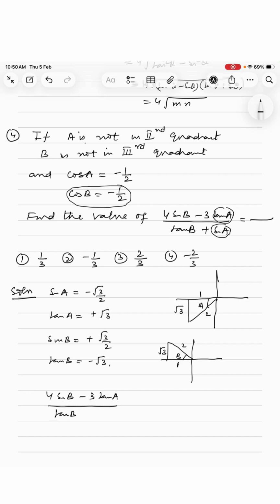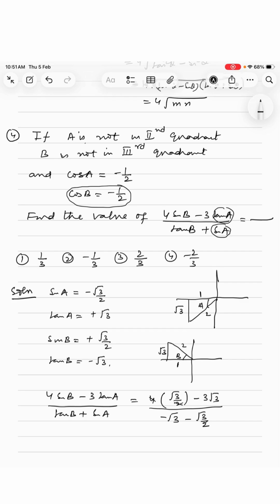So now substitute the values in 4 sin B minus 3 tan A divided by tan B plus sin A. Therefore this will be 4 into root 3 by 2, minus 3 into root 3, divided by tan B value, which is minus root 3, plus sin A value, which is minus root 3 by 2.